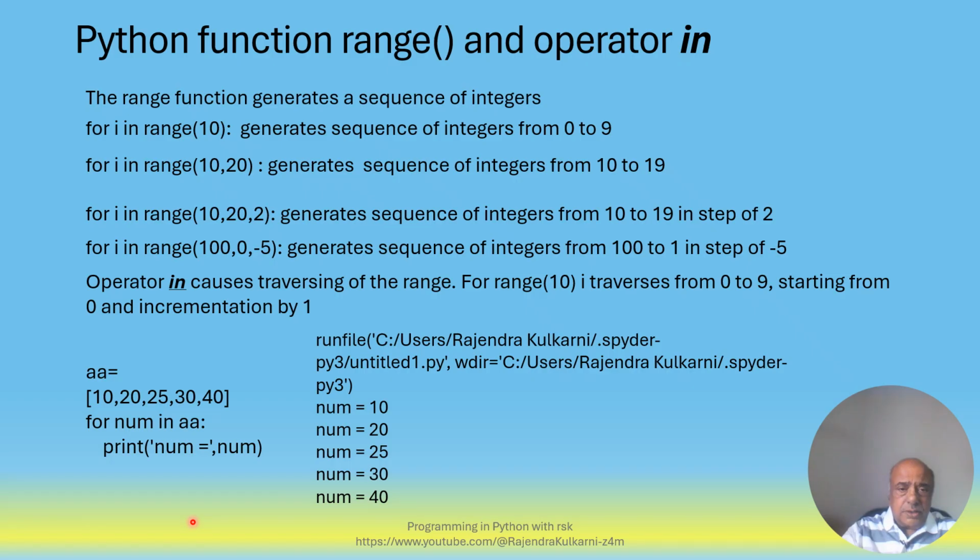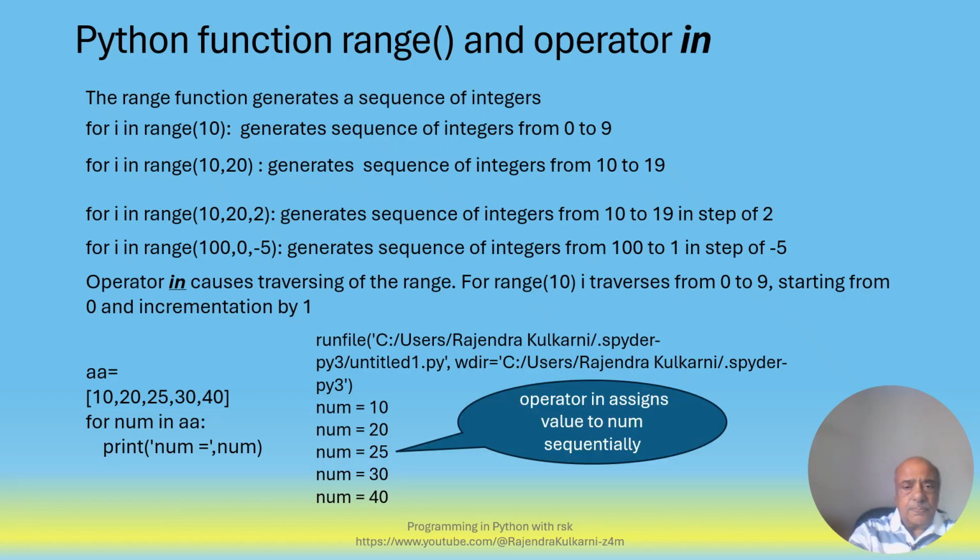So the output will be 10, 20, 25, 30, 40. This is how range, or this is how the in operator, works in Python. There are wide uses of range and in, in various types of features that we will see when we come to those features.